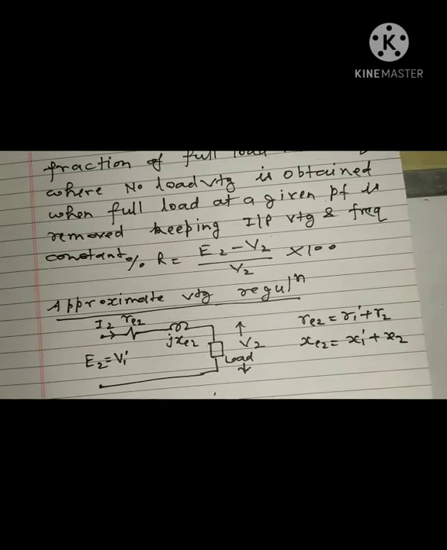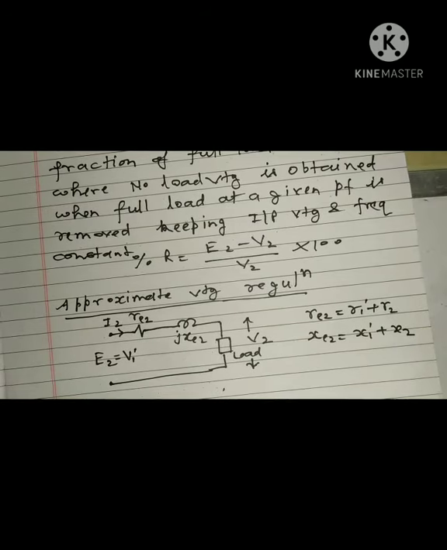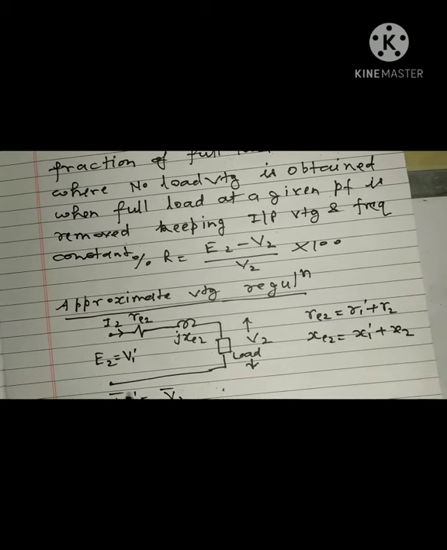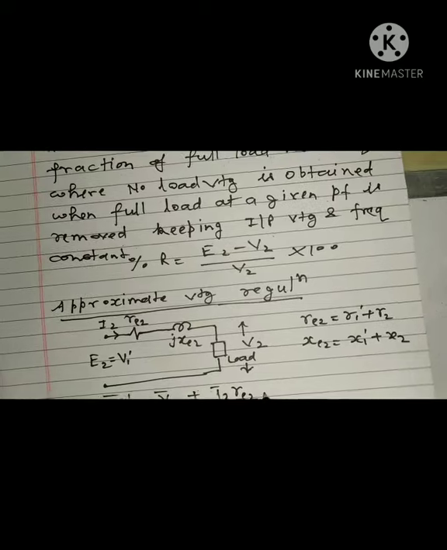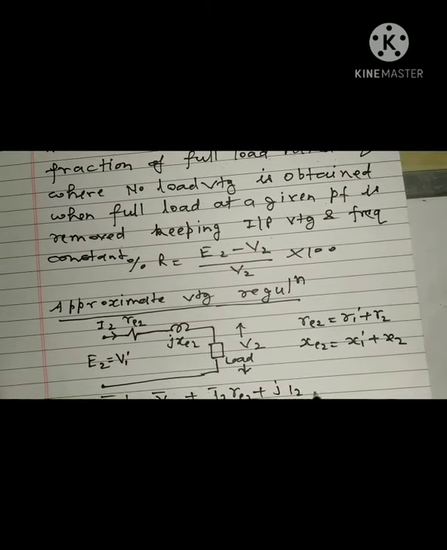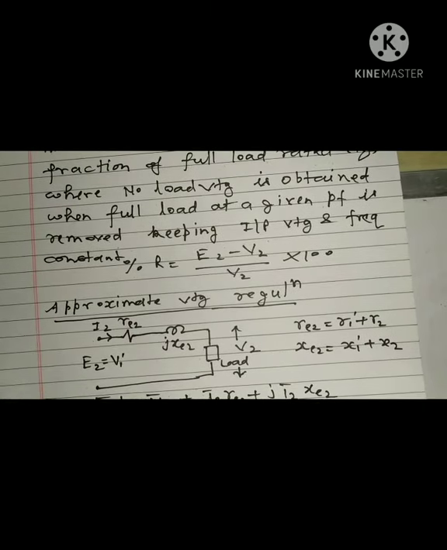I can write here the voltage equation by KVL. V1 dash will be V2 plus I2 RE2 plus jI2 XE2. So based on this I can draw the phasor diagram.